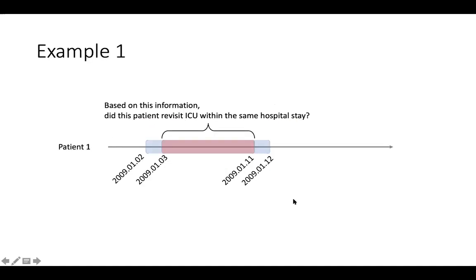Okay, example one. Based on this information, this single red ICU admission record, did this patient revisit the ICU within the same hospital stay? Given this, did this patient revisit the ICU within the same blue strip? The answer is obviously no, because there's only one red strip here.